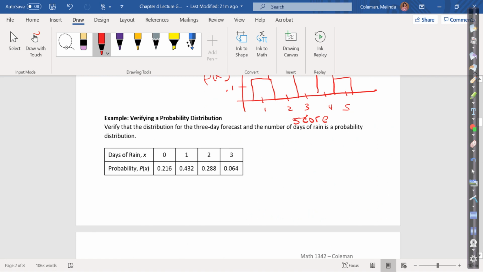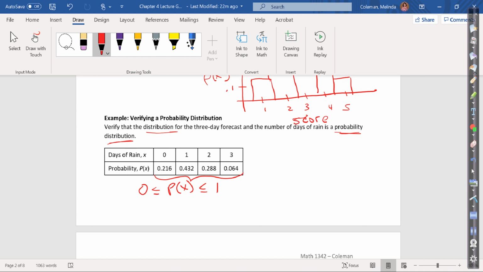So next example, it says, verify the distribution for the 3-day forecast and the number of days of rain is a probability distribution. So we want to verify that this distribution is indeed a probability distribution. So what two things are we checking? Well, first, we're going to check and see whether P of x is between 0 and 1.